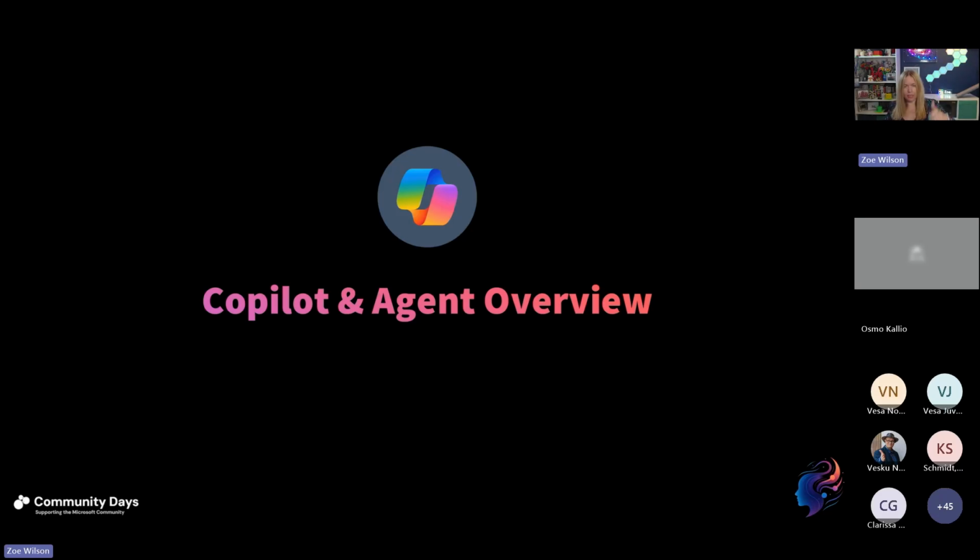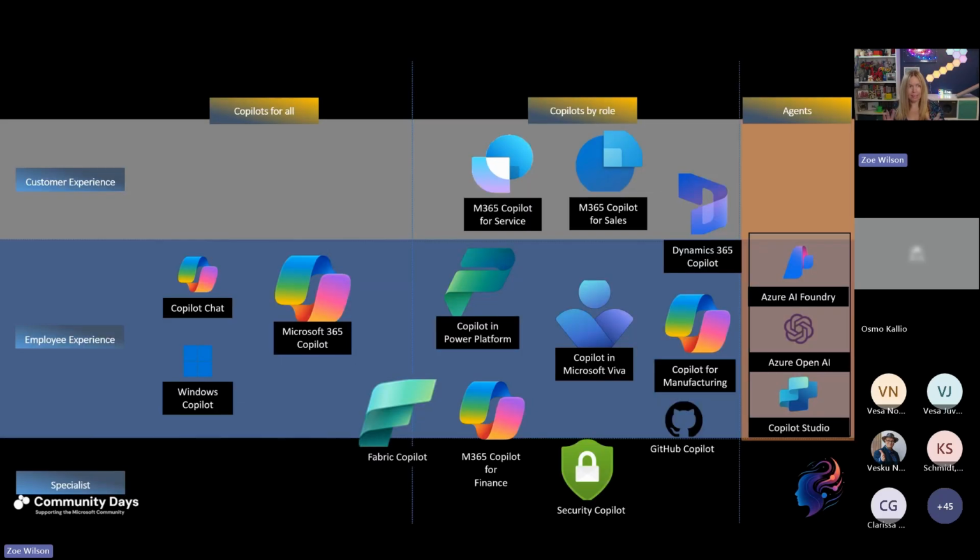So first of all, then, a Copilot and agent overview. Like I said, there are tons of products that Microsoft have released. Copilot is in every product. There are Copilot products that are more customer facing with things like the Dynamics integrations.